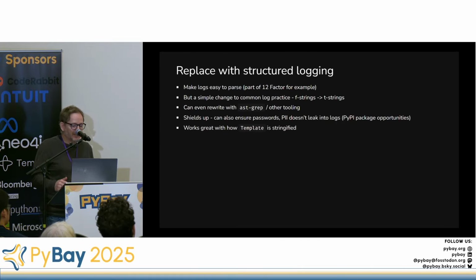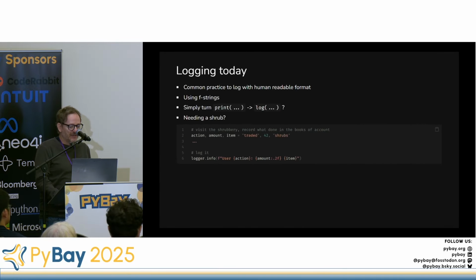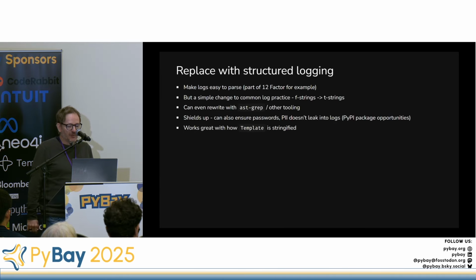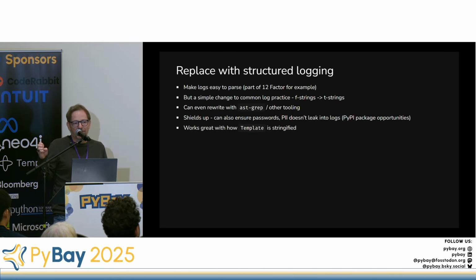So we did that. This is an example that is drawn from our work in PEP 750. All you have to do is take this common practice of logging with an F-string to logging with a T-string, and we take advantage of the fact that the T-string captures information that is helpful for logging each of the attributes that you're using.